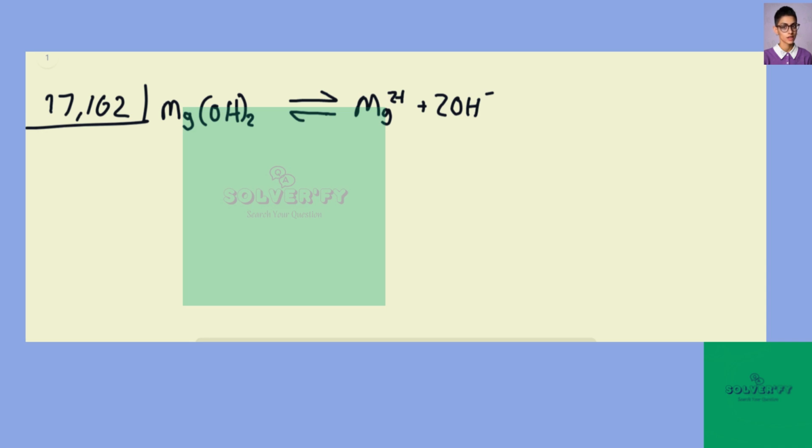Now we have NH4+, which is our solution of ammonium, which will convert to NH3 plus a proton, just one.